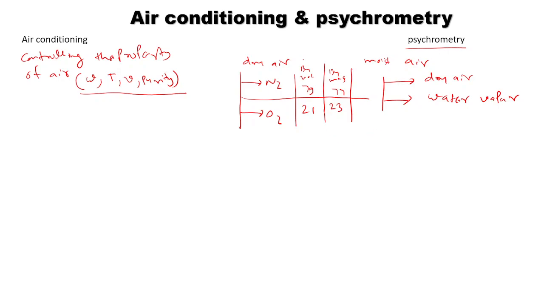Now, this is just a basic introduction. Now we will quickly see the psychrometric properties. So first one is the specific humidity, or absolute humidity, or humidity ratio. Can anyone tell just a definition, what is this? Humidity is what? When you are saying today is very humid, what does that mean?